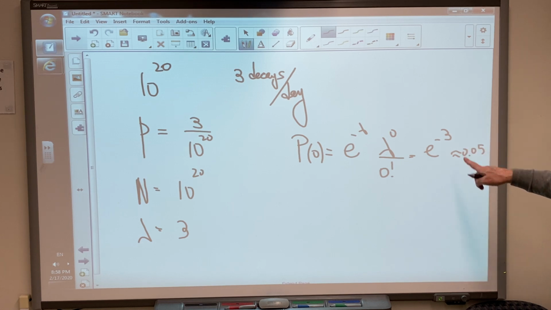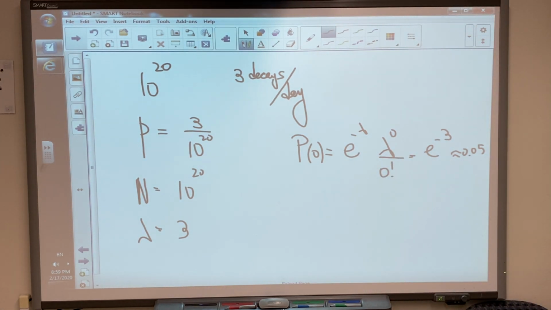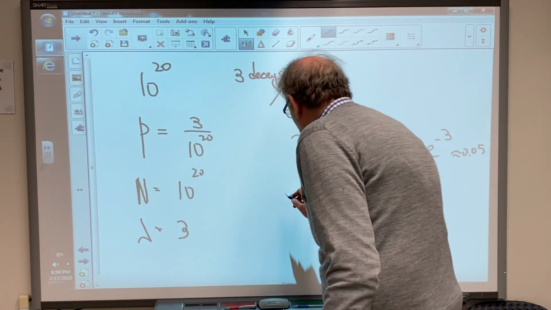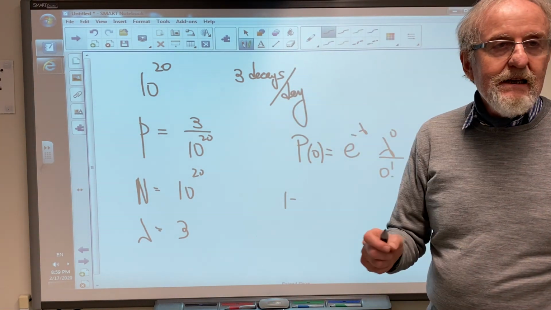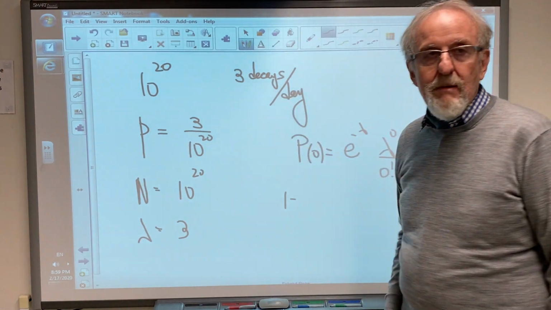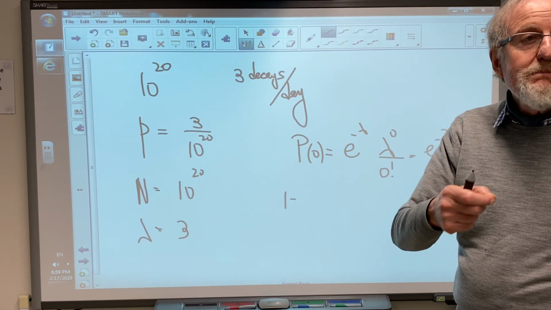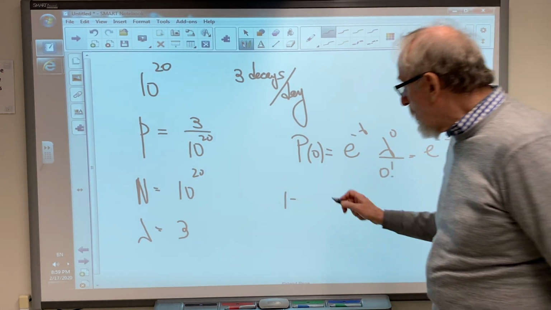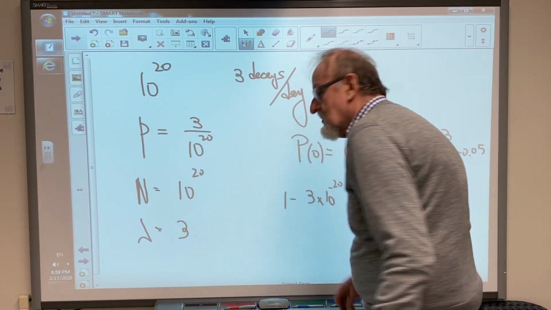If you do instead the probability of getting 0, what will it be? Just do it. If we don't want to do the Poisson approximation, if each atom decays with probability 3 times 10 to the minus 20, the probability that the given atom does not decay is 1 minus 3 times 10 to the minus 20, right?